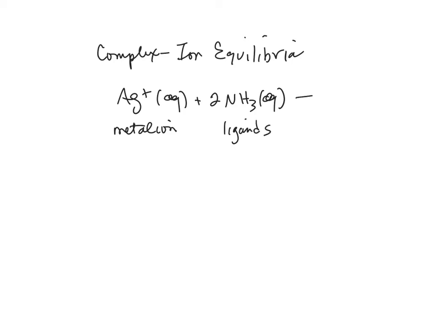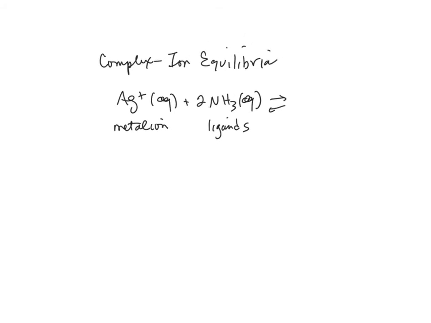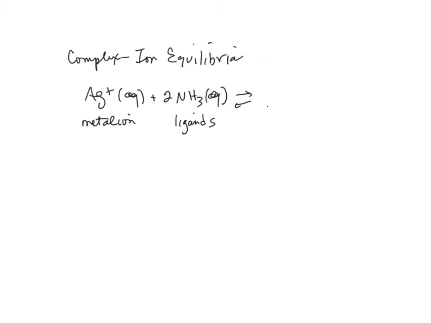And then there's an equilibrium that forms between them to form the complex ion silver NH3 2+, and that's going to be aqueous. So this is the complex ion here. So we just pick a simple system.